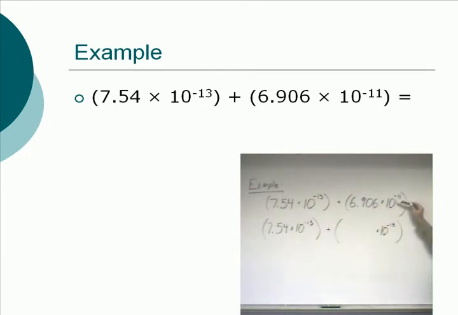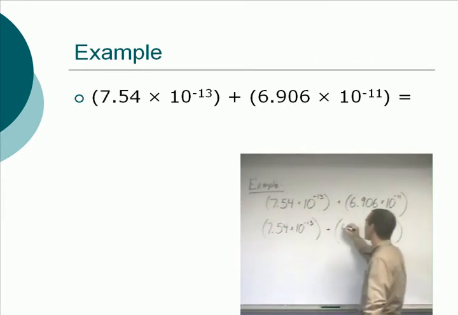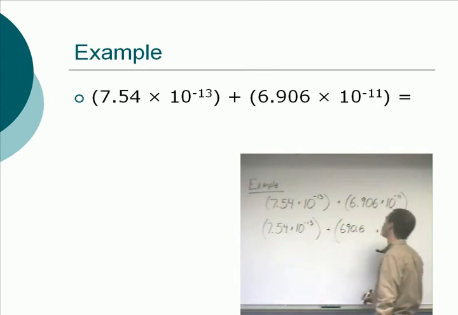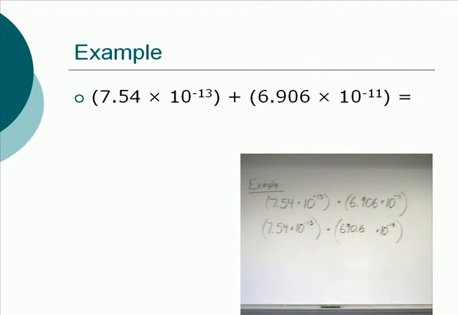With negative numbers, it seems backwards. Negative 11 has to get smaller to become negative 13. Does that make sense? And so this has to become 690.6 times 10 to the negative 13th. That's where almost all mistakes in scientific notation are made, in moving the decimal the wrong way when dealing with negative powers of 10.